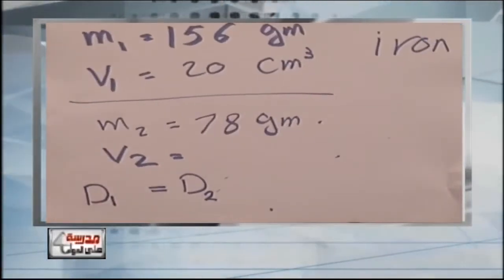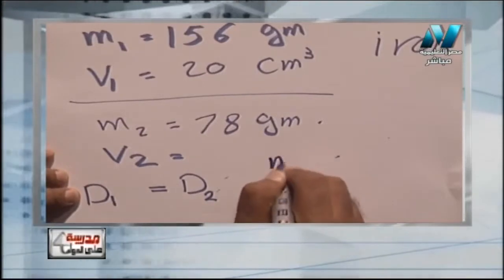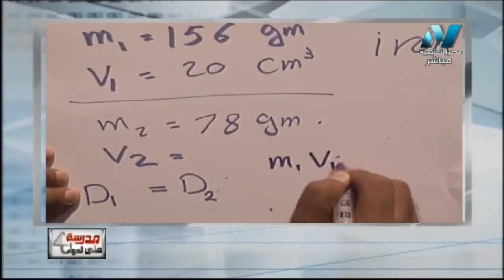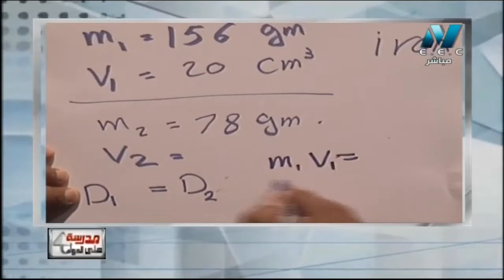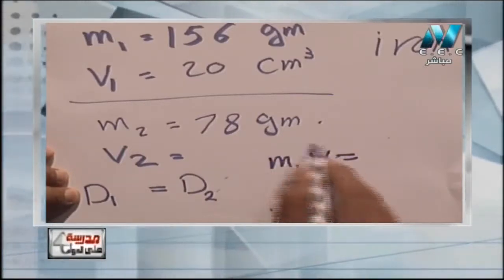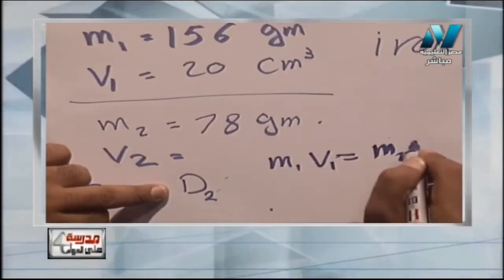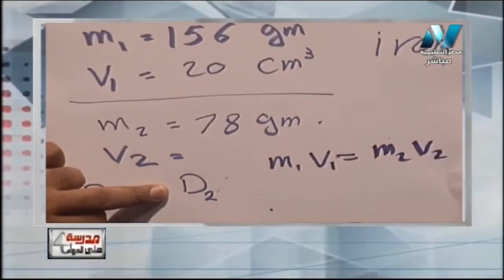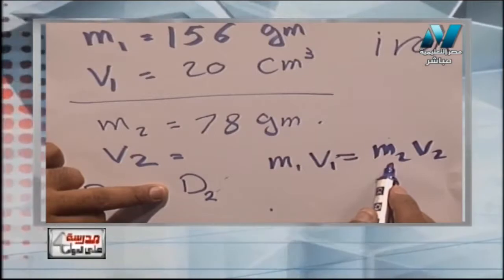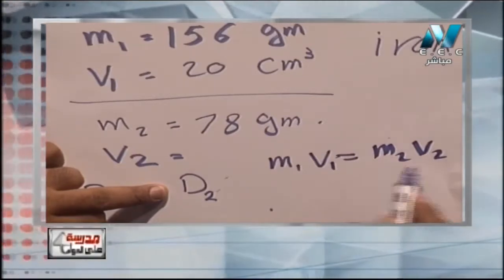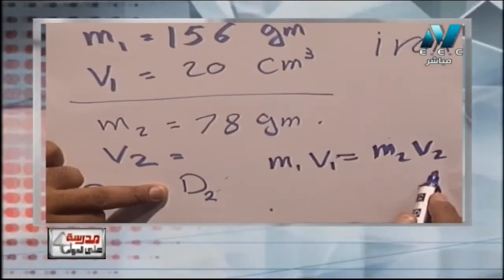So M1 over V1, the density of piece of iron number 1, equals M2 over V2. M2 is the mass of piece of iron number 2, V2 is the volume of iron number 2.